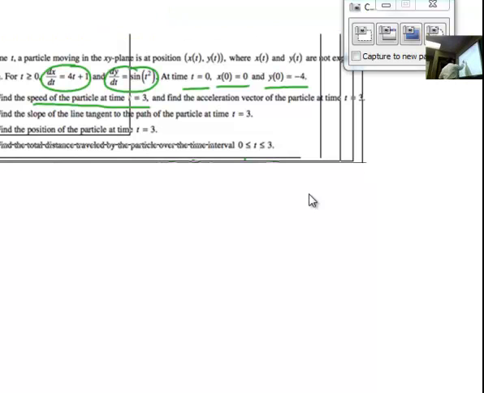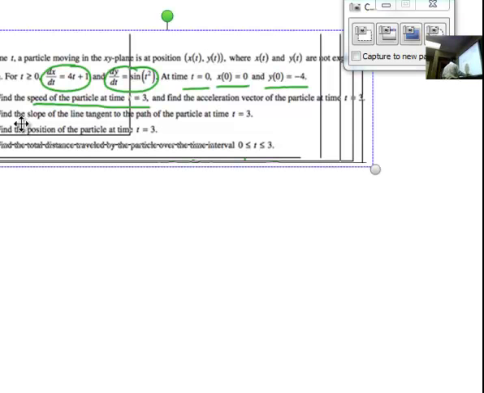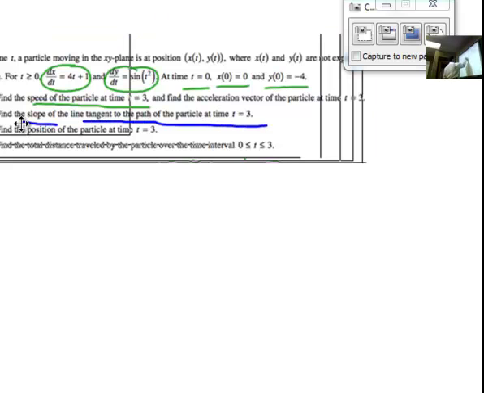Find the slope of the line tangent to the path of the particle at time t equals 3. The slope of the line tangent to the path is dy dx. So dy dx, that's the slope of the line tangent to the path.